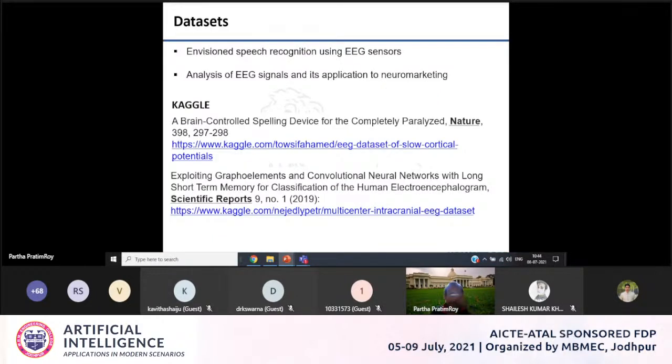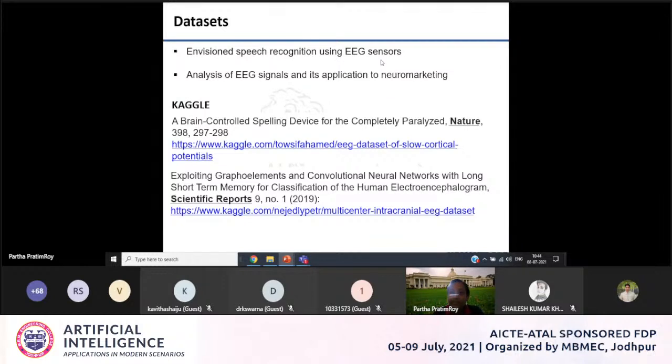So if you are interested in this kind of research, there are many data sets publicly available. For example, on the website I told you about, you will find two data sets. One is from neuromarketing, which is about understanding from the EEG signal whether you are really interested in a product or not. Another data set is from envisioned speech.